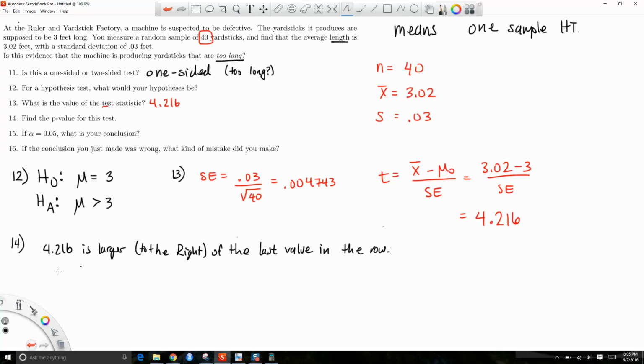Our p-value is less than the column heading 0.001, so we would just write p-value is less than 0.001.